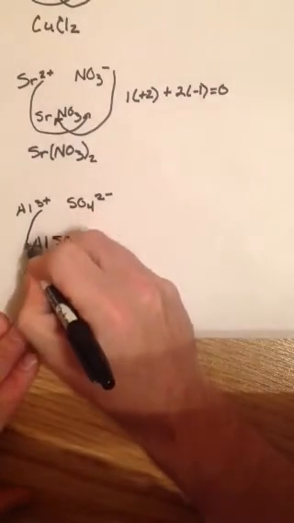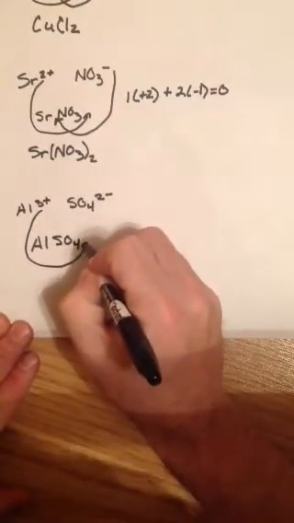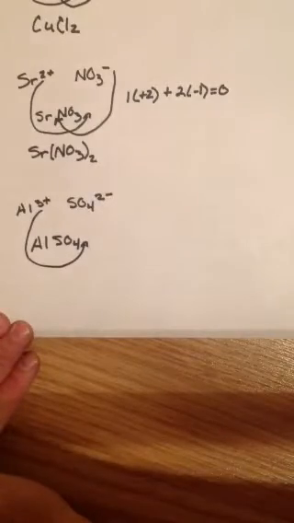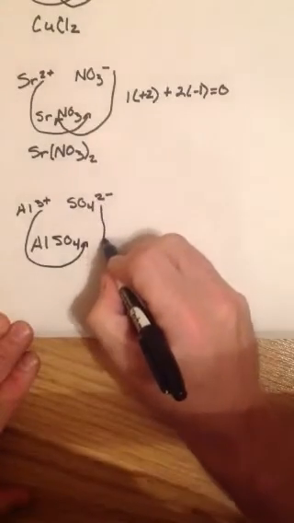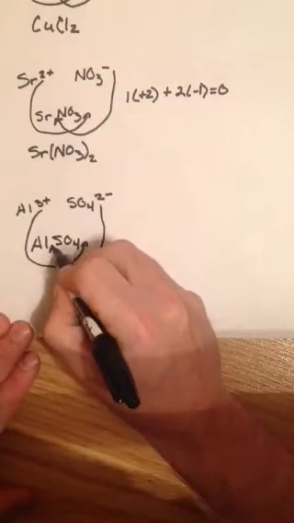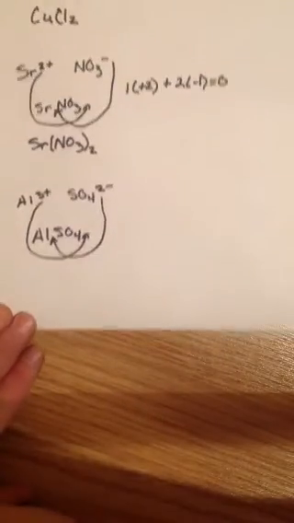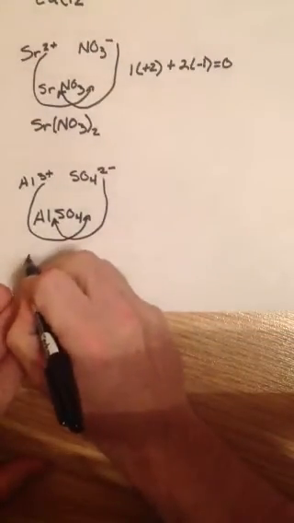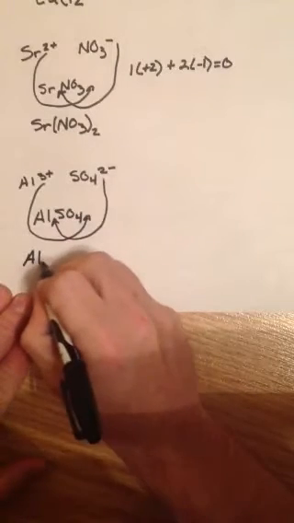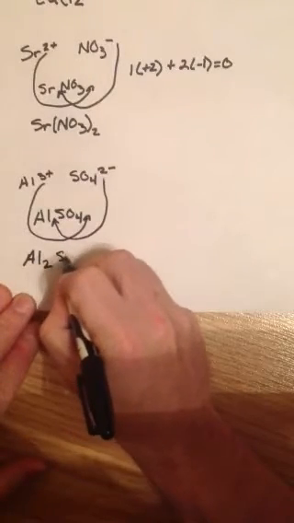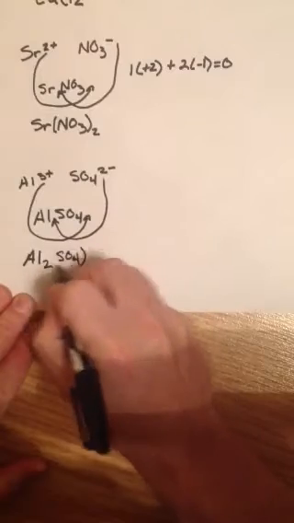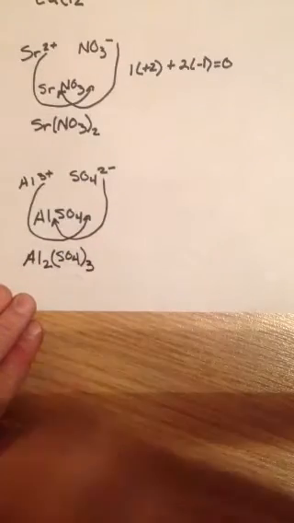The 3 of the aluminum becomes the subscript for the sulfate. The 2 for the sulfate becomes the subscript for the aluminum. And my formula becomes Al2(SO4)3.